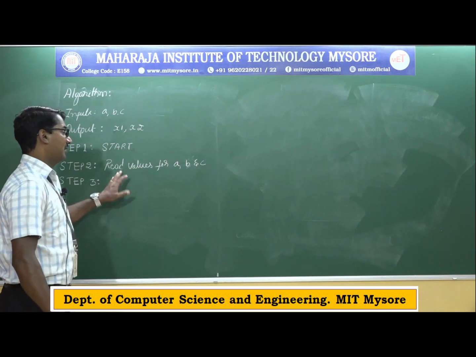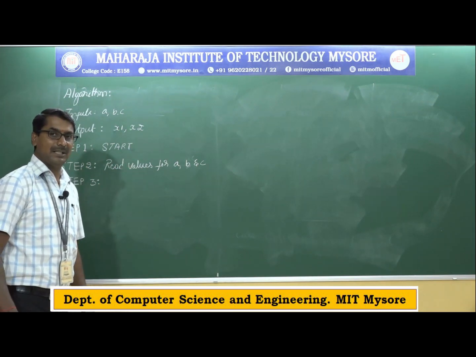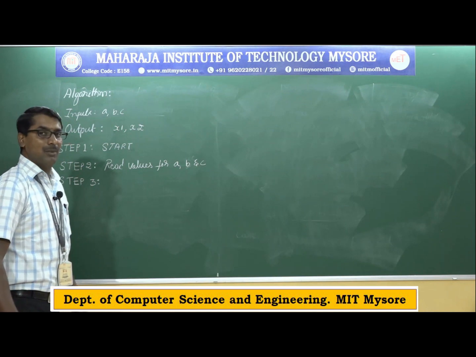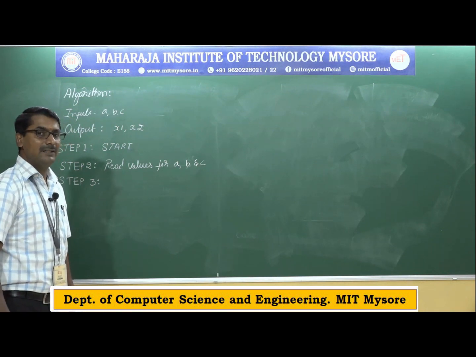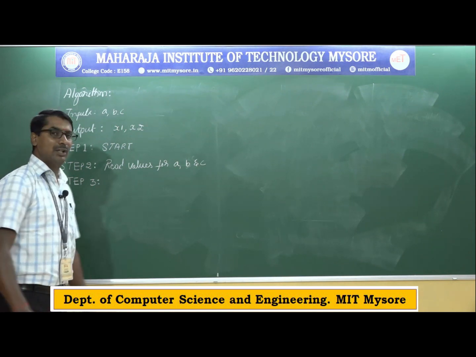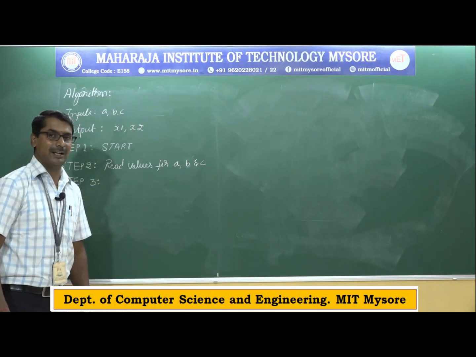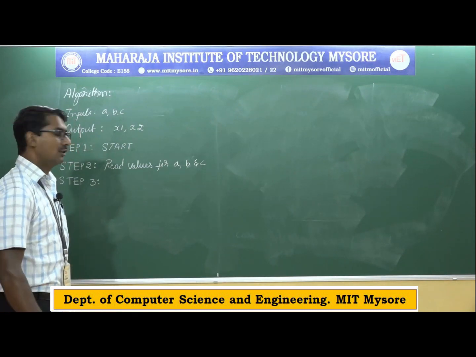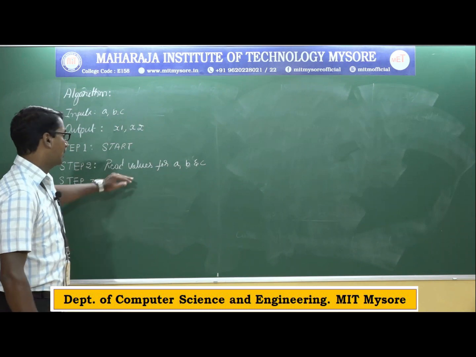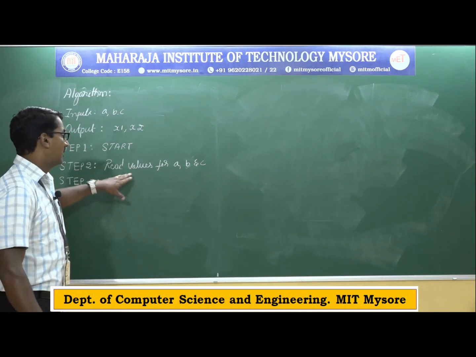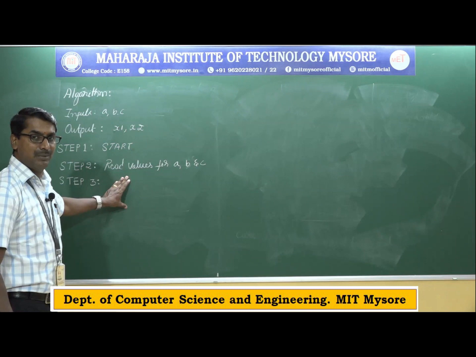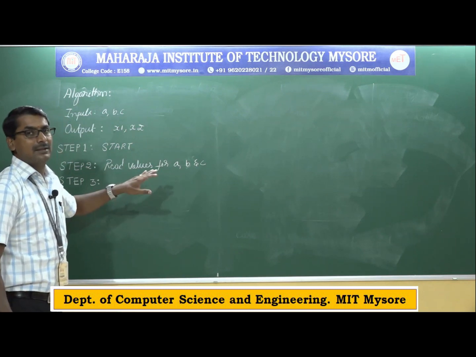The condition is that the values of A, B, C must be positive numbers, must be non-zero values. If any one of the values is 0, then we cannot find the roots of the quadratic equation. So, first we need to check whether the values of A, B, C are 0.